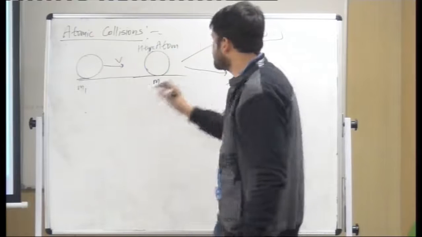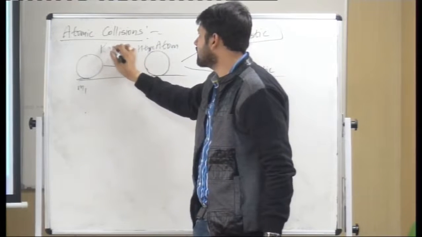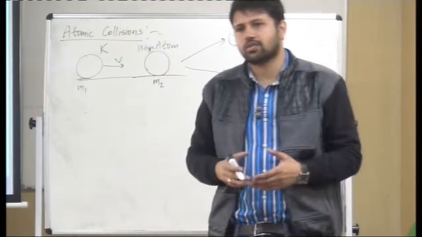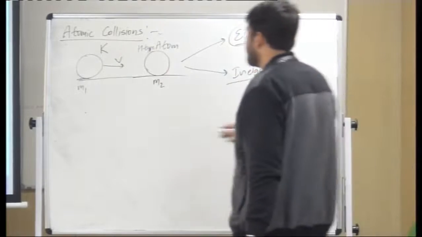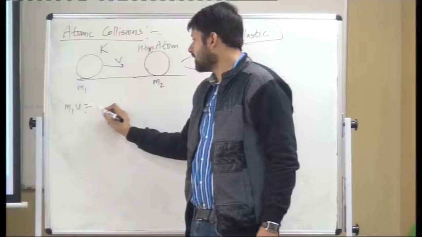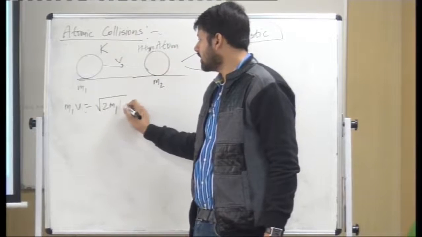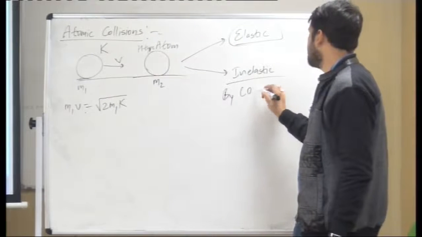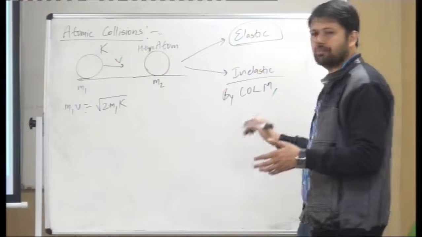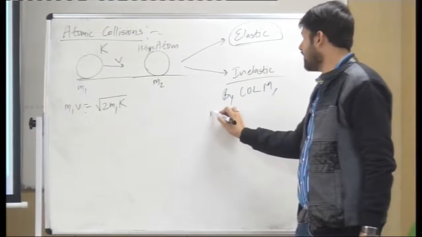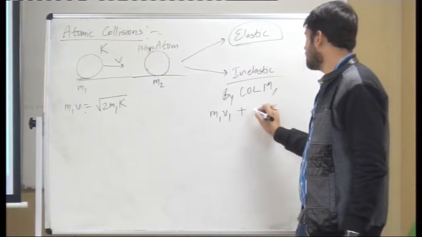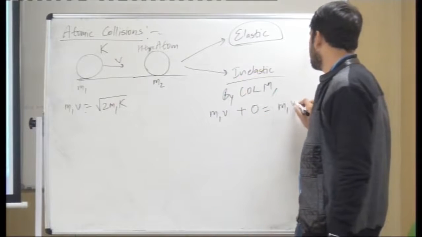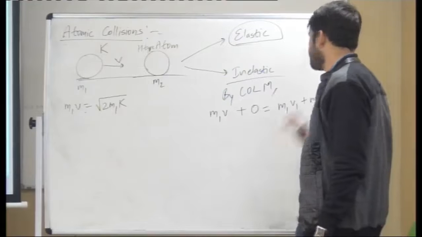Let's say the kinetic energy of the first one is K, because most of the time the kinetic energy is given in electron volts, not the speed, right? So the momentum m1v can be written as under root 2 m1 K. You remember this? So by conservation of linear momentum, m1v plus 0 is equal to m1v1 plus m2v2, right?